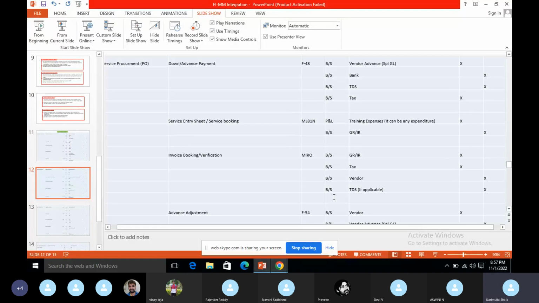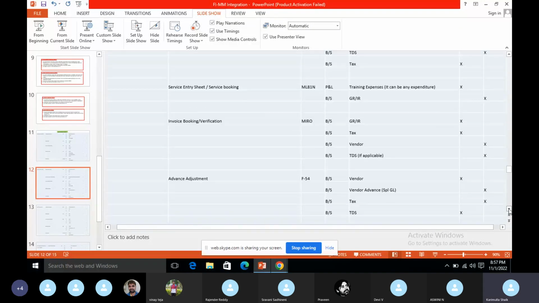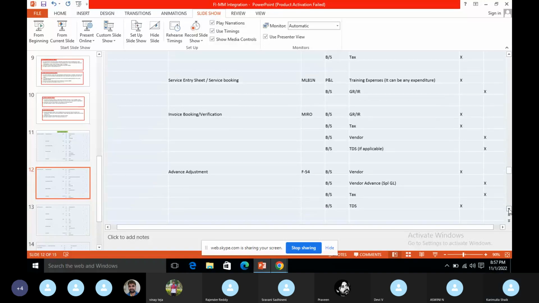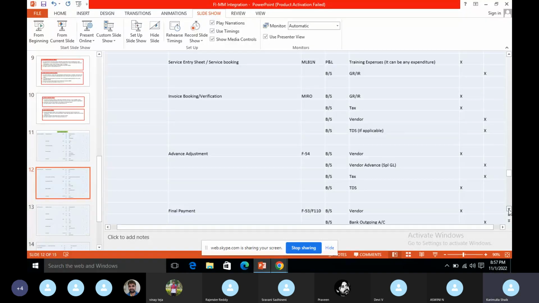Advance adjustment entry, F-54, vendor account debit to vendor advance credit. Again, if you have any tax, that will be GST, that will be credited. Final payment, again, the T code is F-53 or APP. The entry will be vendor account debit to bank outgoing credit.